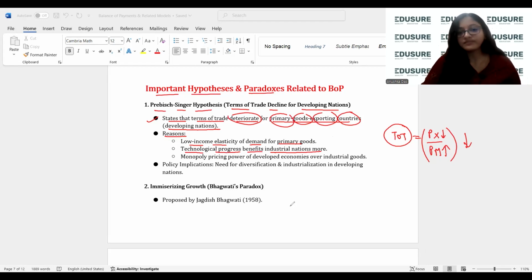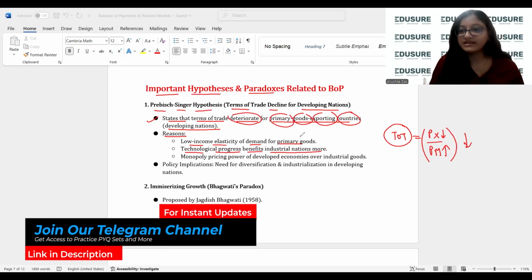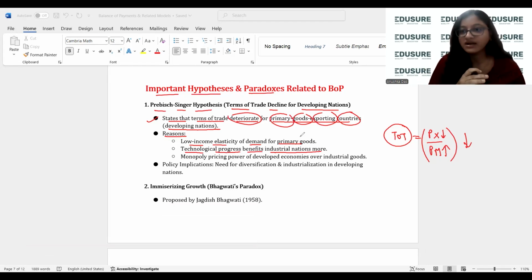If you are in a nation which is technologically sound, and you have the primary resources to produce the thing, then as an industrial nation you will benefit more from the nation selling you the primary good, because you are adding value to the final good. You are producing the high value good, which definitely has higher value, and that will give the benefit to the industrial nations and not to the developing nations.